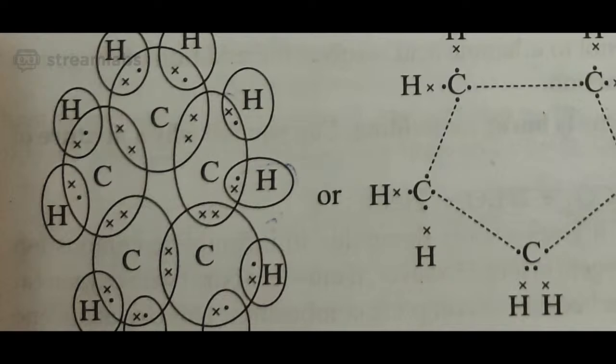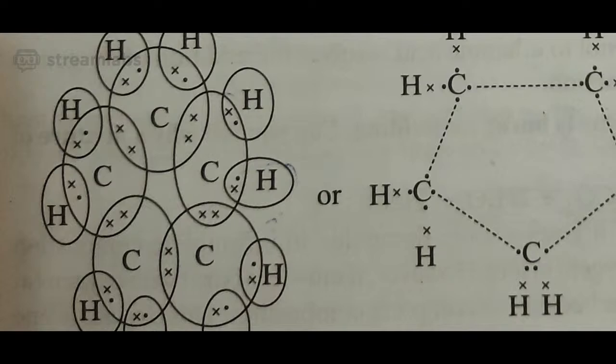Put one circle around the hydrogen and one dot of carbon so that hydrogen attains a complete K-shell filled structure. K-shell has 2 electrons. Now hydrogen reached the K-shell maximum number, so it attained a filled structure.